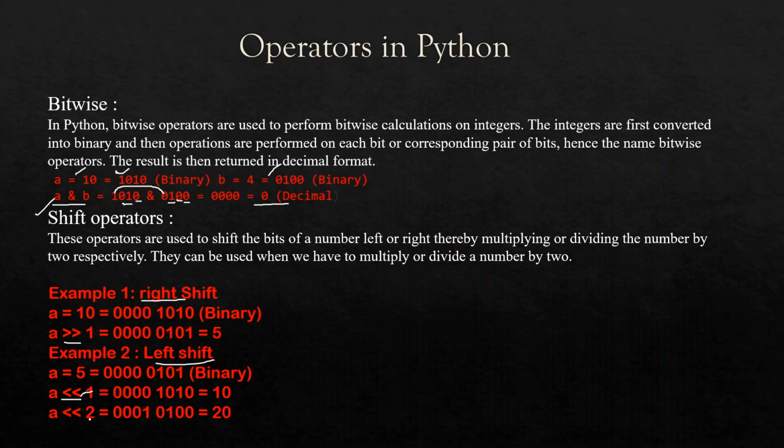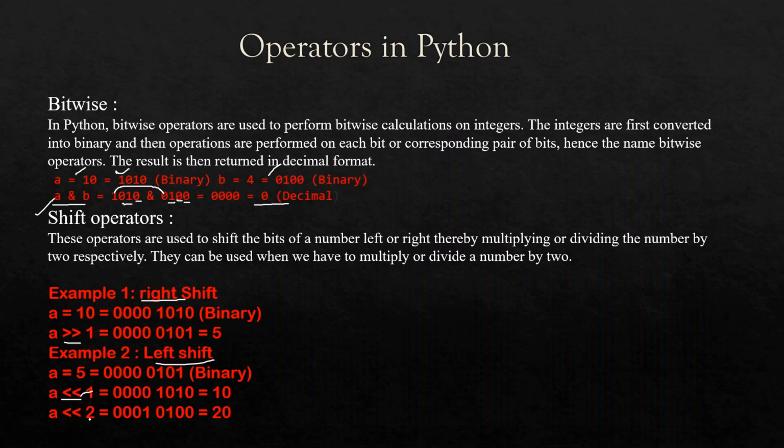So what does it do actually? These operations are used to shift the bits of a number left or right, thereby multiplying or dividing the number by 2 respectively. This shift operation can be used when we have to multiply or divide a number by 2.